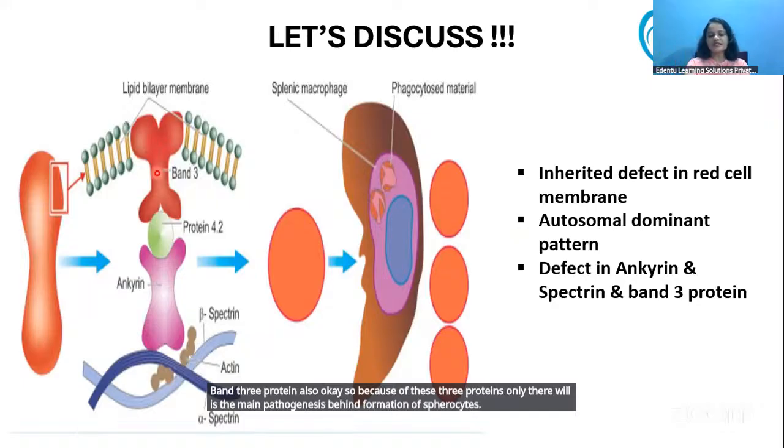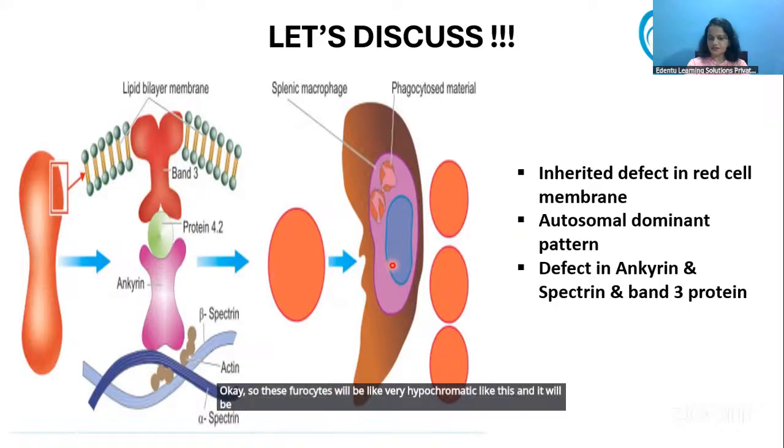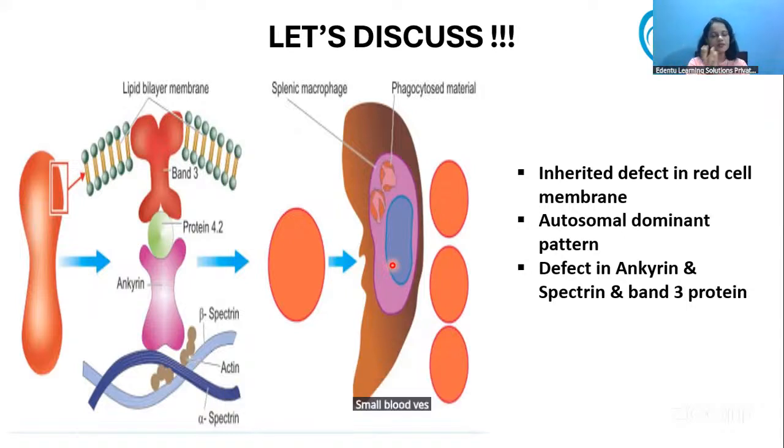These spherocytes will be very hyperchromatic, and it will be difficult for them to go into the spleen and small blood vessels. They will not be able to squeeze inside small blood vessels like the biconcave shape can. So most of them get destroyed in the spleen, which can lead to splenomegaly.